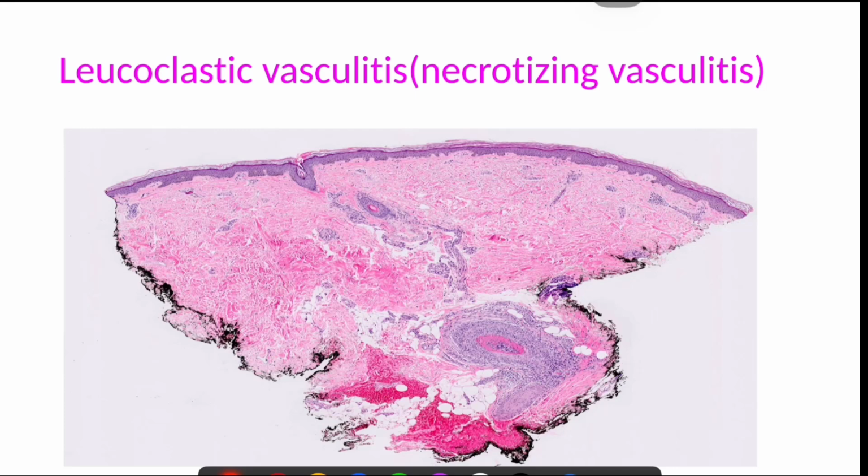Here you can identify a vessel where, first of all, there is an abundant inflammatory infiltrate surrounding the vascular space. Second is this pink eosinophilic deposition, or necrotic vessel wall.